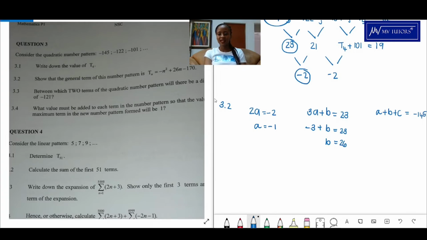Okay, so a is -1, b is 26, so already I have 25 on the left hand side. So c is equal to -145 minus 25, not plus. So -1 plus 26 is positive 25, and if it goes to the right hand side, it will be negative 25.